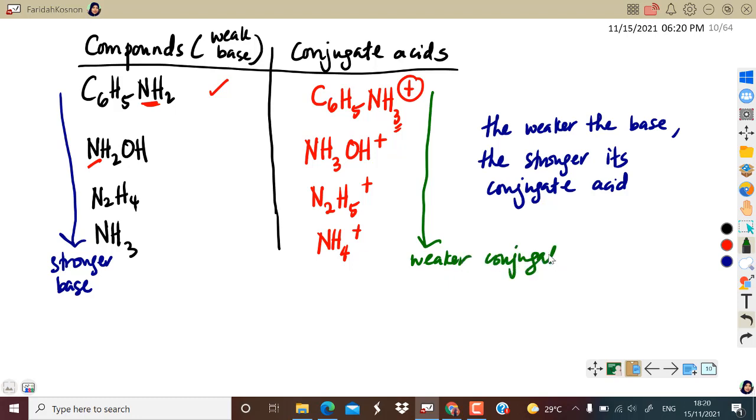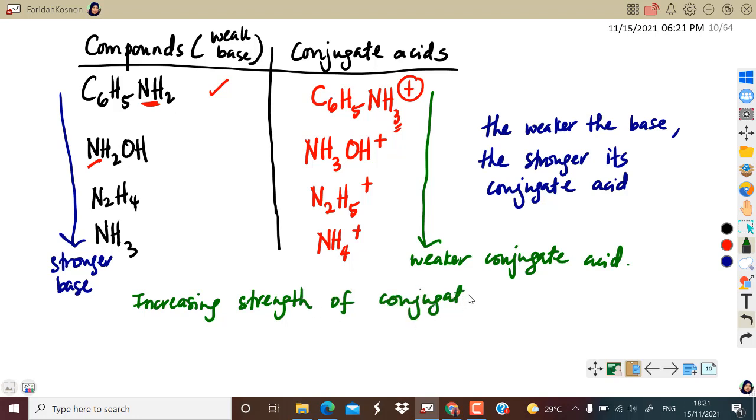conjugate acid. Jadi sekarang kita kena susun increasing strength of conjugate acid. Okay. Jadinya start daripada apa? Start daripada increasing strength.